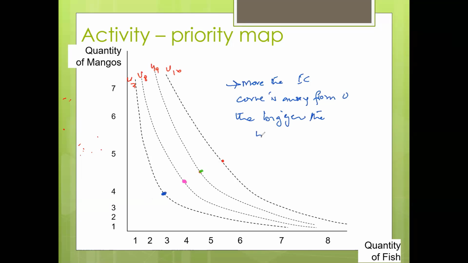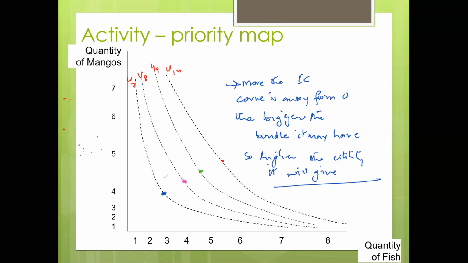the bundle it may have, so the higher the utility it will give. So a higher curve is preferred over a lower curve.